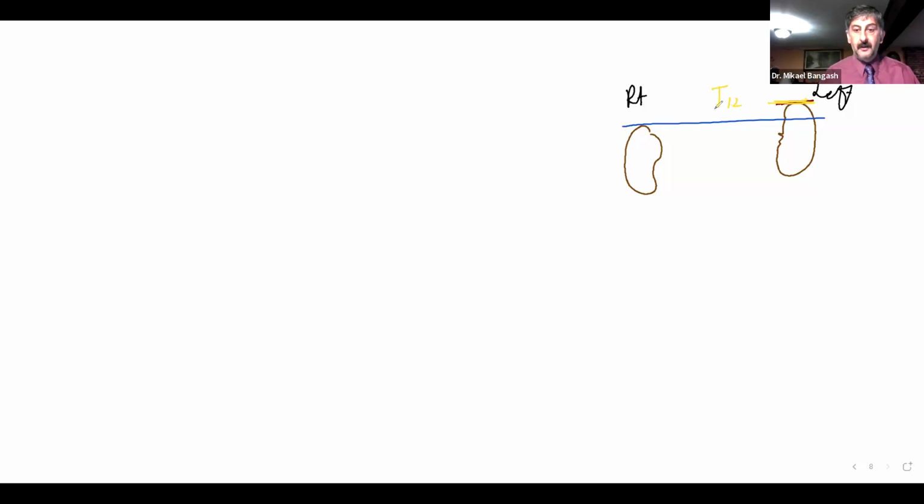What do I mean by T12? Your 12th thoracic vertebra. All the way down to L3. What is L3? Third lumbar vertebra.